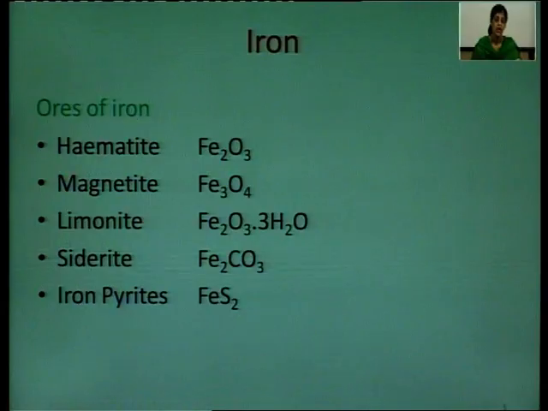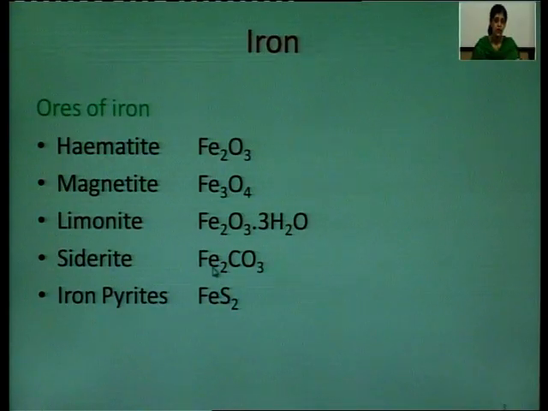The next ore is magnetite. Magnetite is Fe3O4. Then another ore is limonite. Limonite is Fe2O3, 3H2O. In limonite, we have 3 molecules of water also, water of crystallization also present. Then another ore of iron is siderite. Siderite is a carbonate.